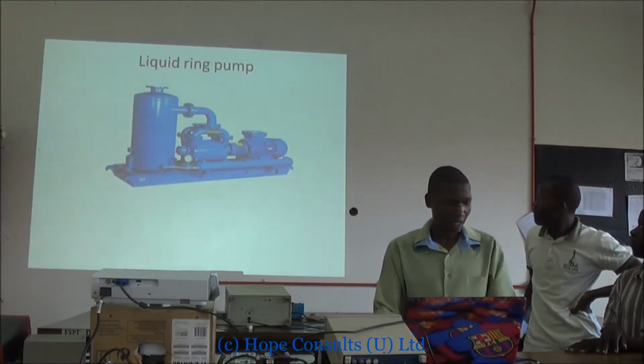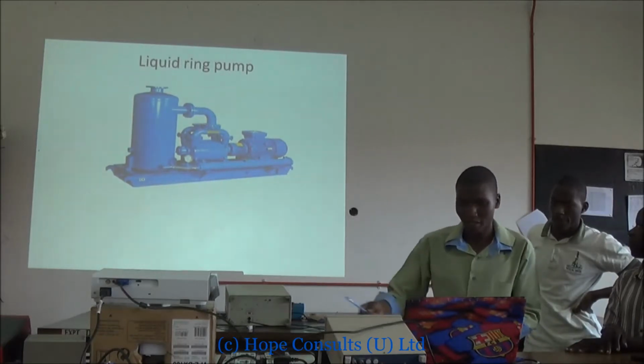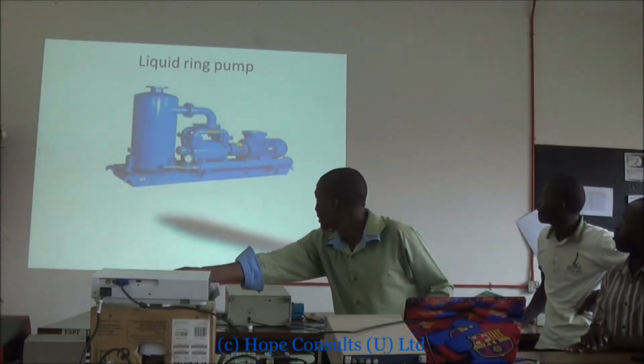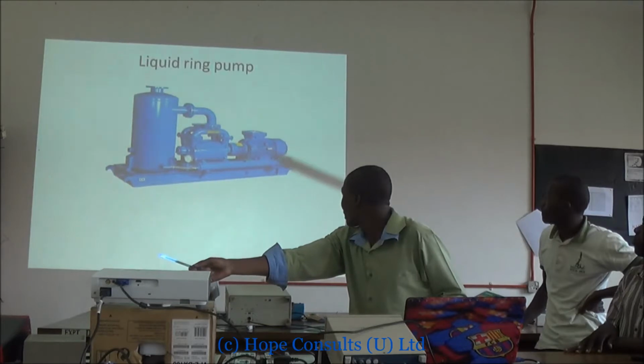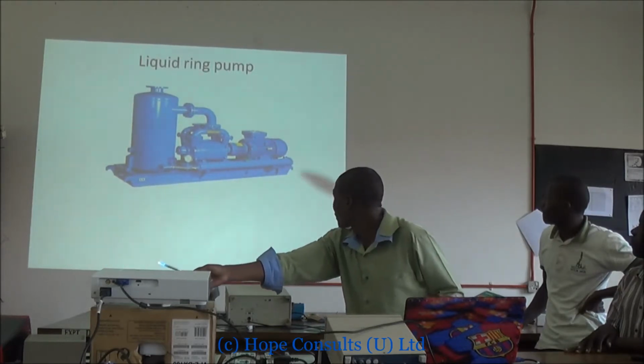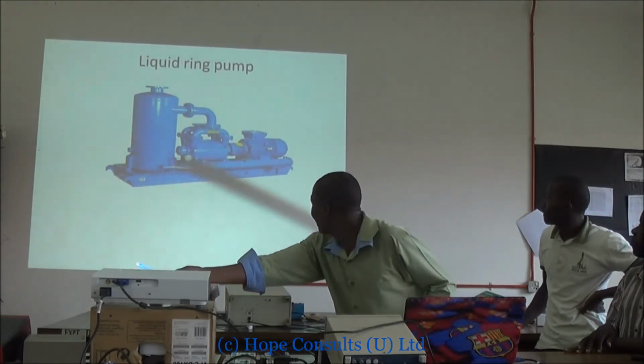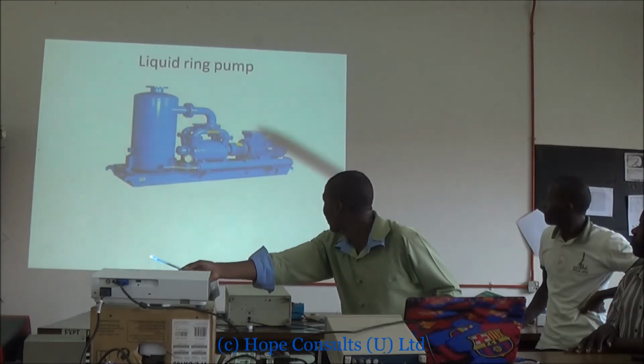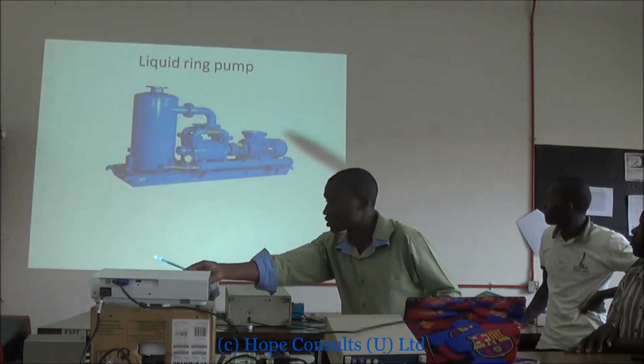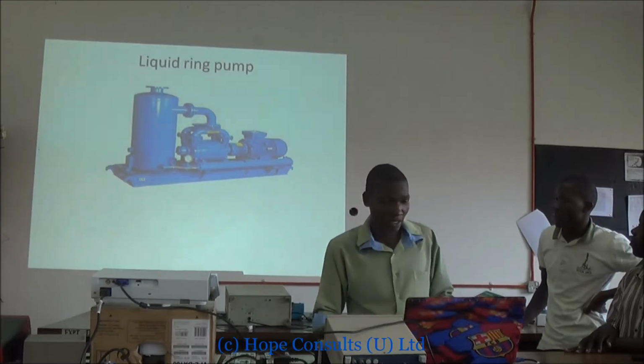I can use this pointer. This one here is the chamber. Then you have a motor somewhere here. Then on top of this motor we have the gauge that is used to measure the amount of pressure.